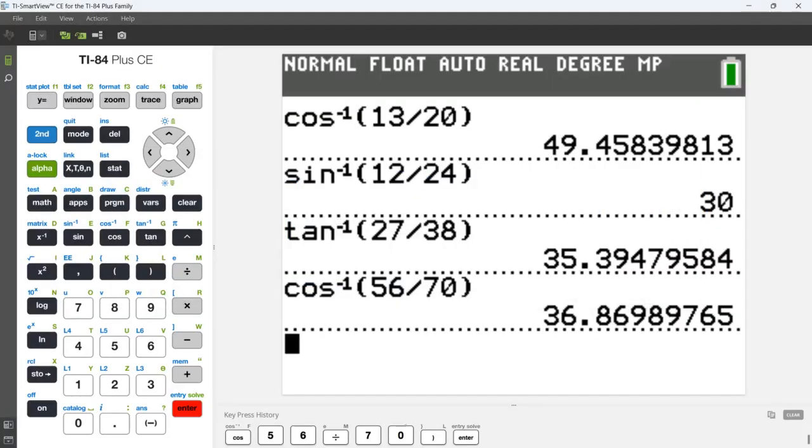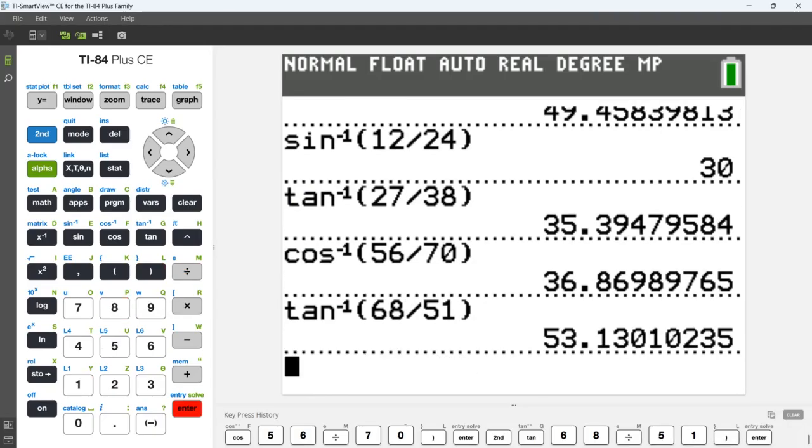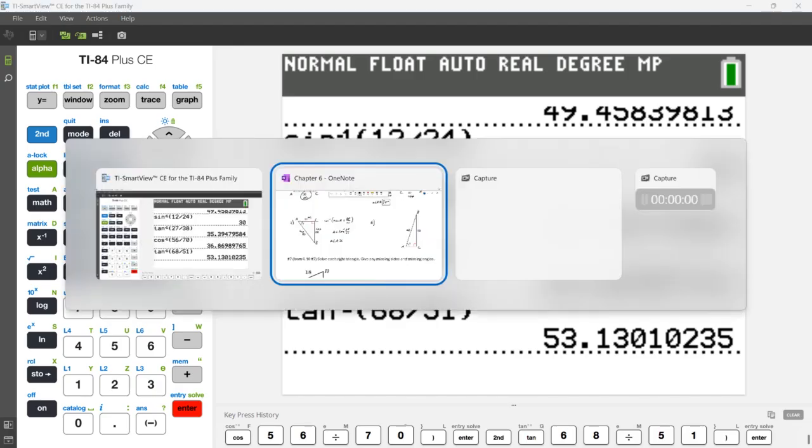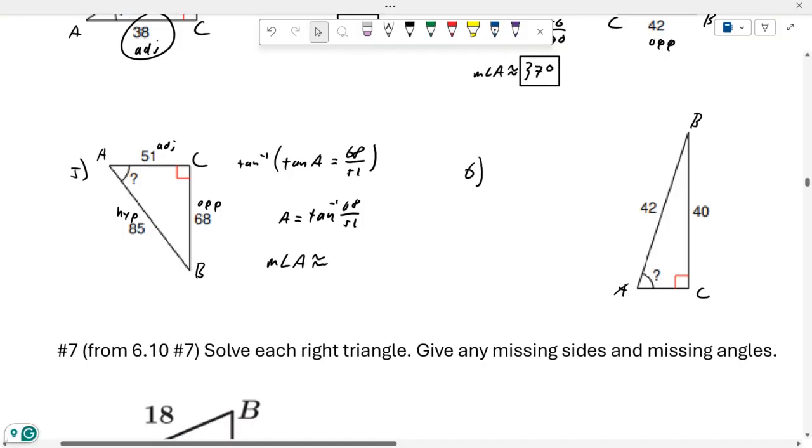So 68 over 51. Inverse tangent, 68 over 51, close parentheses. Rounding to the nearest degree, that is 53 degrees. So approximately 53 degrees.